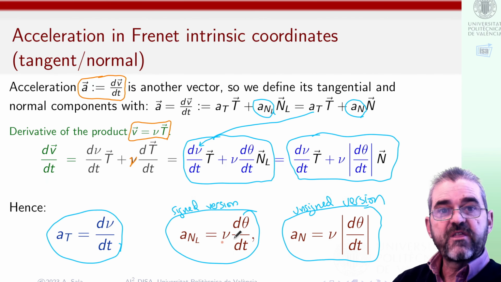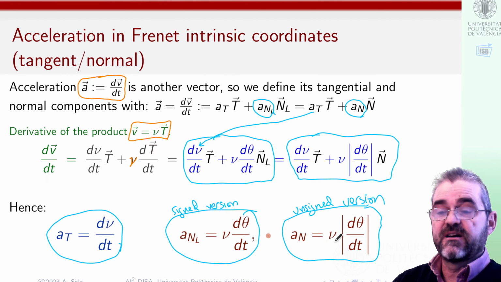This is the one with sign, this is the one without sign, always positive, and the thing that will have changes of sign will be the n vector. But okay, these are the accelerations in tangential and normal directions.